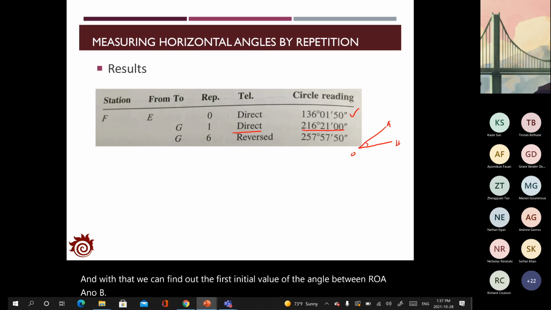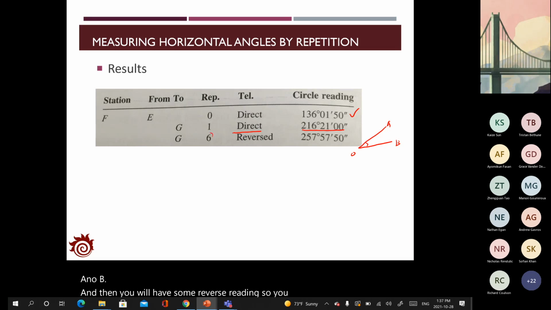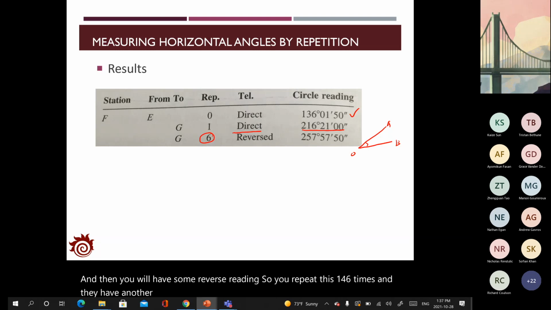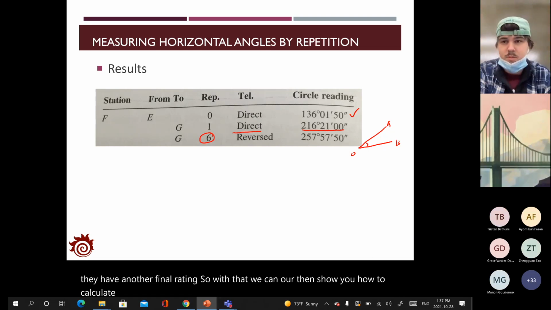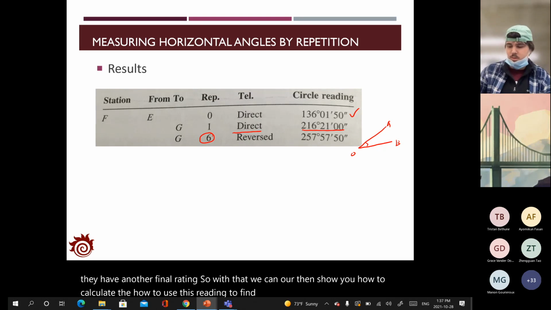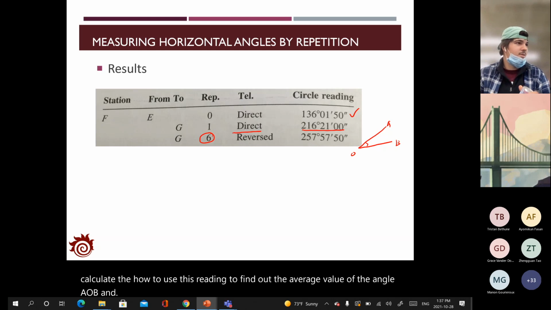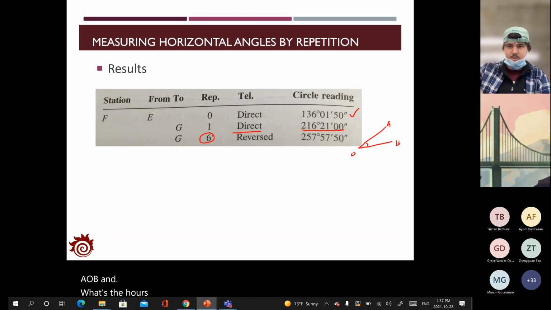And then you will have some reverse readings. So you repeat this six times, and then you have another final reading. I will then show you how to use these readings to find the average value of the angle AOB, and how we can improve the accuracy of this measurement.